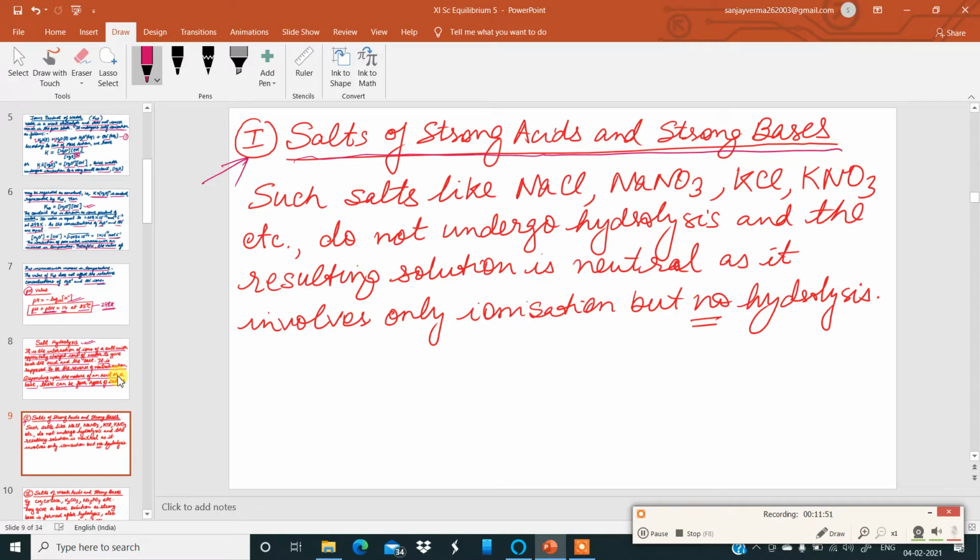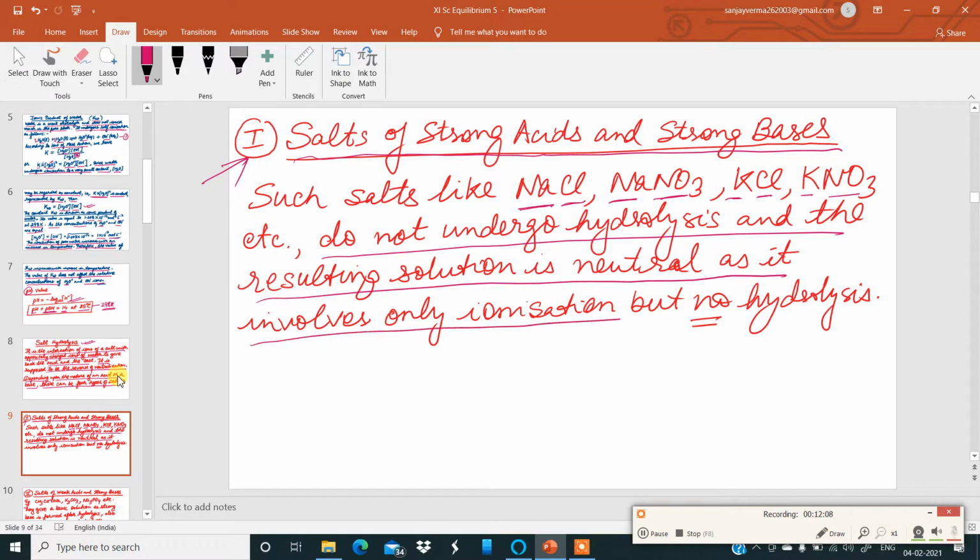Such salts, like sodium chloride, are salts of strong acid and strong base. They do not undergo hydrolysis, and the resulting solution is neutral as it involves only ionization, but there is no hydrolysis. It will not give back the acid and base.